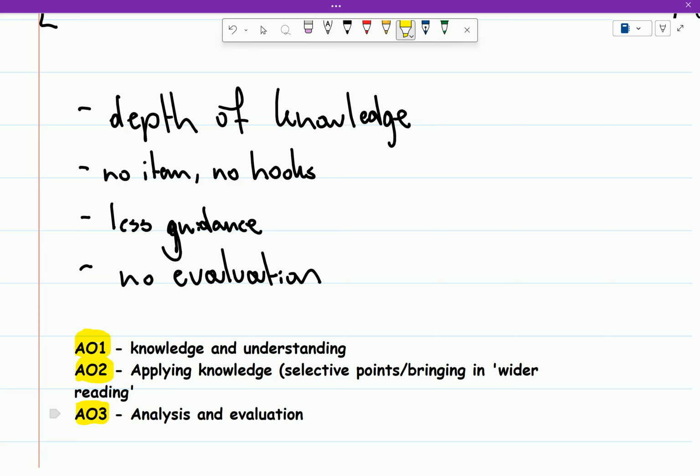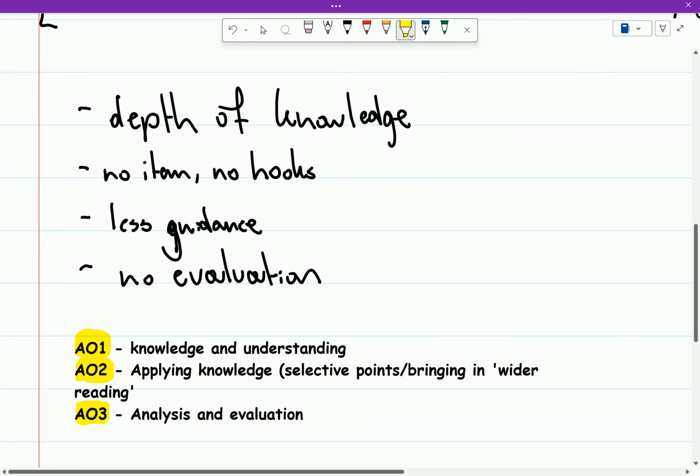So you're talking about your names, your theories, your concepts, your dates, the little details, the statistics, those sorts of things. Applying knowledge, so selective points and bringing in wider reading. Can you think of any real-world examples of a particular point that you've brought up or talked about? Have you chosen the best points that apply to the question? These sorts of things. And then analysis and evaluation.